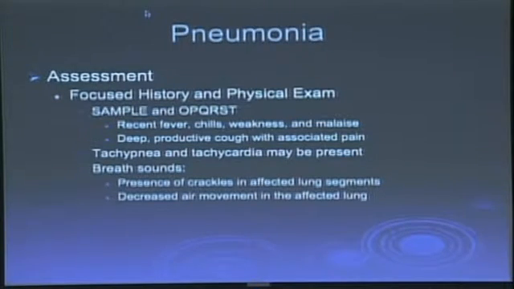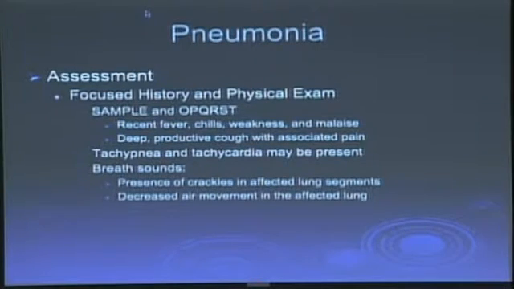Patients with pneumonia, dyspnea, respiratory distress will tell you of recent fever, chills, weakness, malaise, cough, often painful, often productive of sputum, tachypnea, tachycardia, often related to the fever, and crackles in the affected lung.